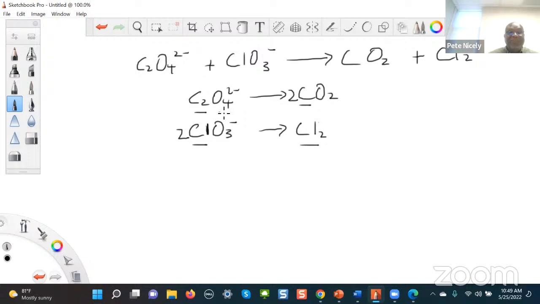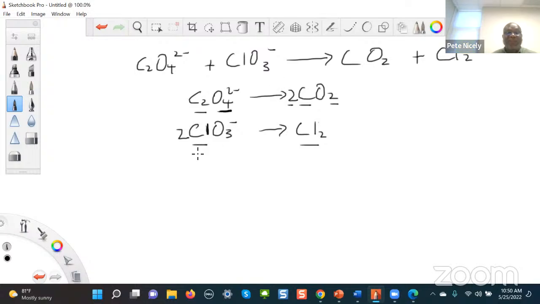How many oxygens do we have on the left? 4. Okay, and how many do we have on the right? 2. Nope. 2 times 2. Oh, 4. Right, so the oxygens are balanced already. So therefore, we don't need to do anything to that one. We don't need to make any changes. We don't need to add any water.